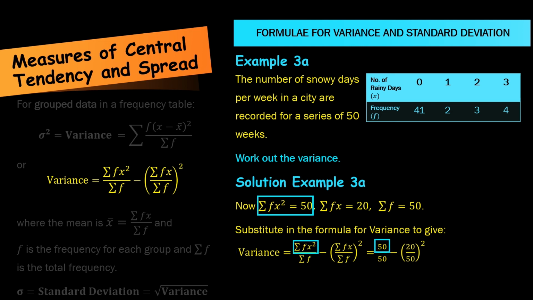We're going to plug sum fx squared equals 50 here, sum fx equals 20 here, and sum f equals 50 here, to give us 1 minus 0.4 squared, which is equal to 0.84.